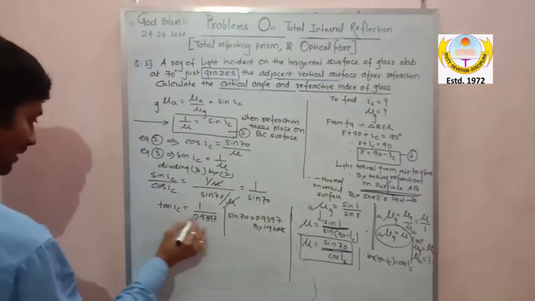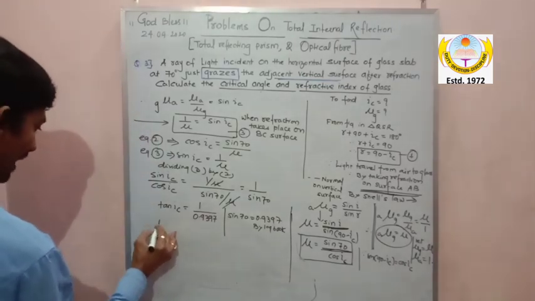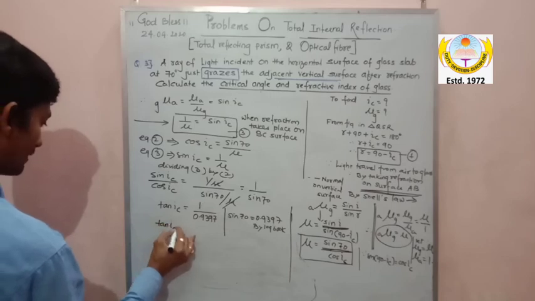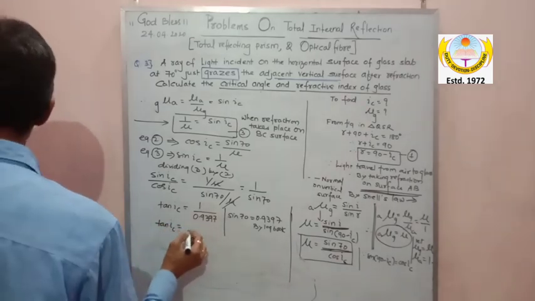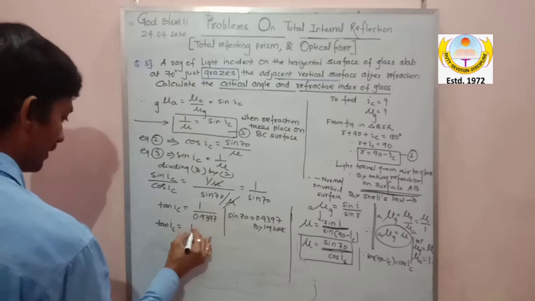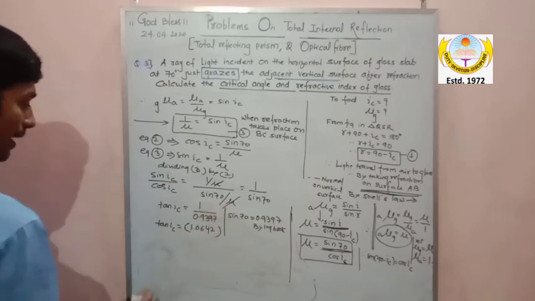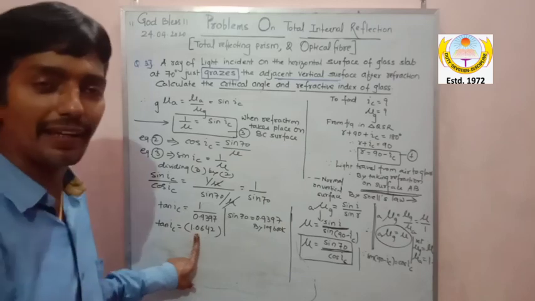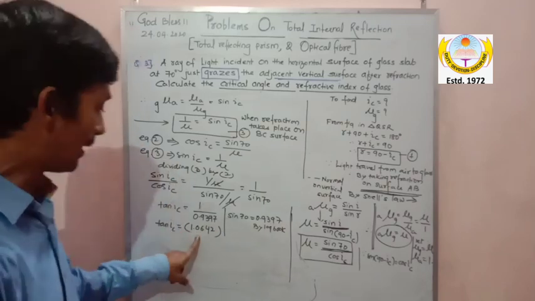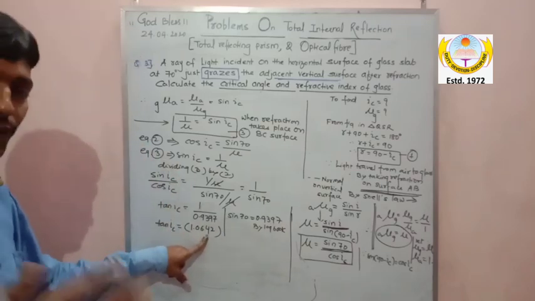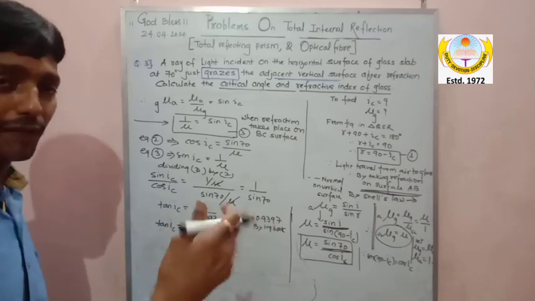So here tan IC is equal to, if I reciprocate this, 1.0642. Now you all know that tan of 45 degree is 1, but this is 1.06, meaning more than 1. So the answer will be more than 45 degree.